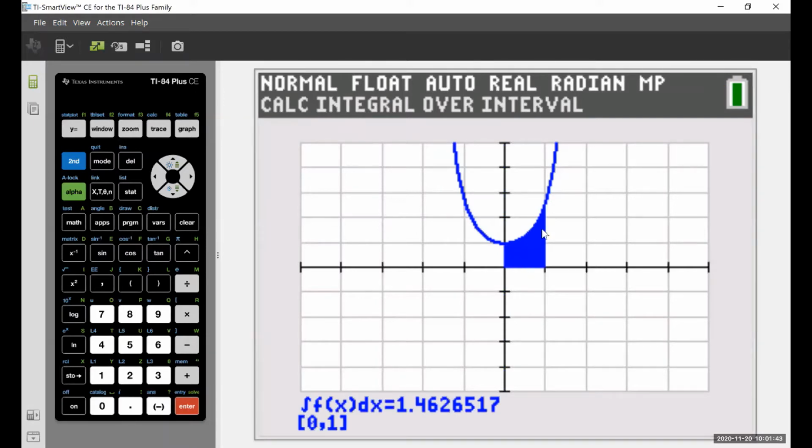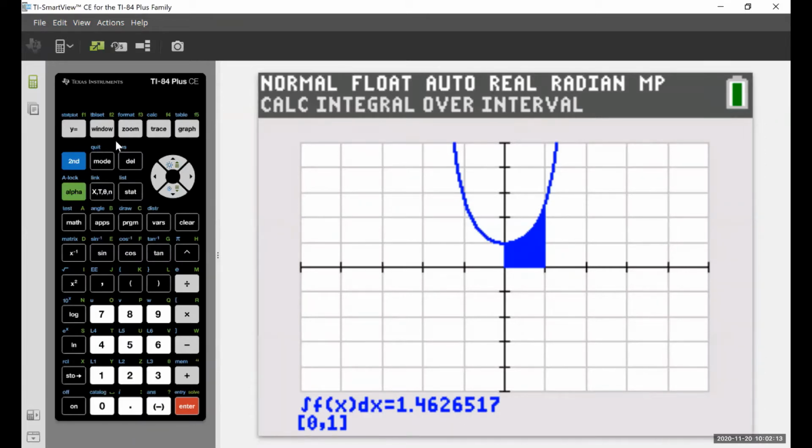You can see that is the area under the curve, and that is equal to the value of the definite integral, which is 1.4626517. If I want to write it up to 4 decimal places, it is 1.4627. So that's how we can evaluate the first one.